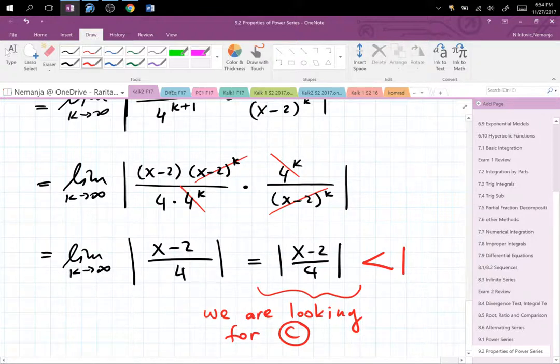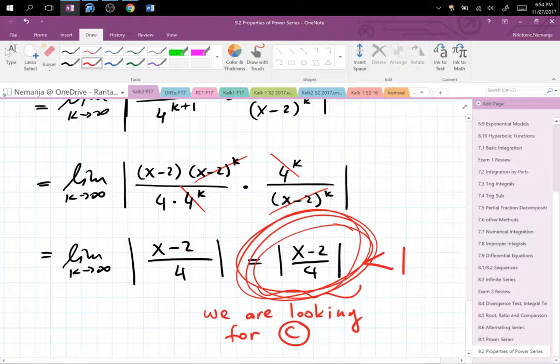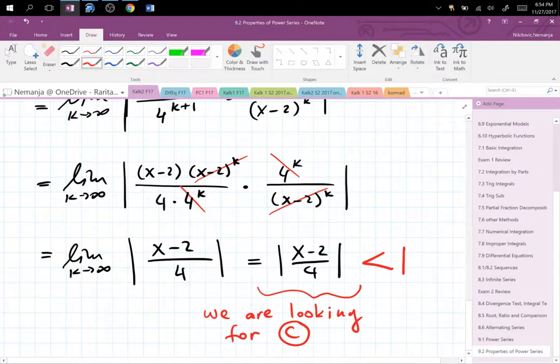You want to find for which x's the whole thing converges, which means whatever is left over here needs to be less than 1. Because this is the step after the limit. Limit is solved. That better be between 0 and 1 if we are to see convergence by ratio test.